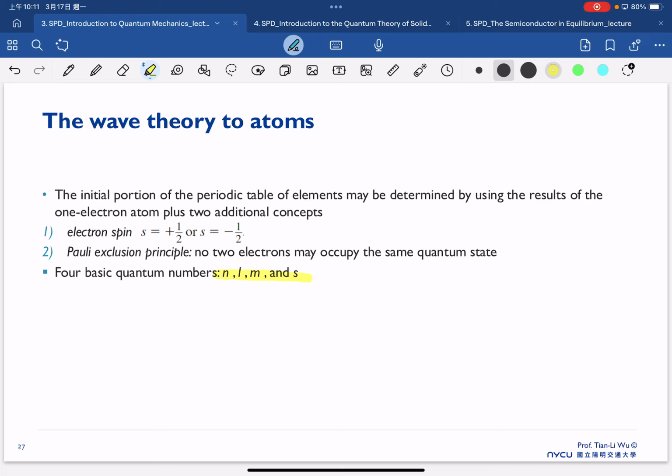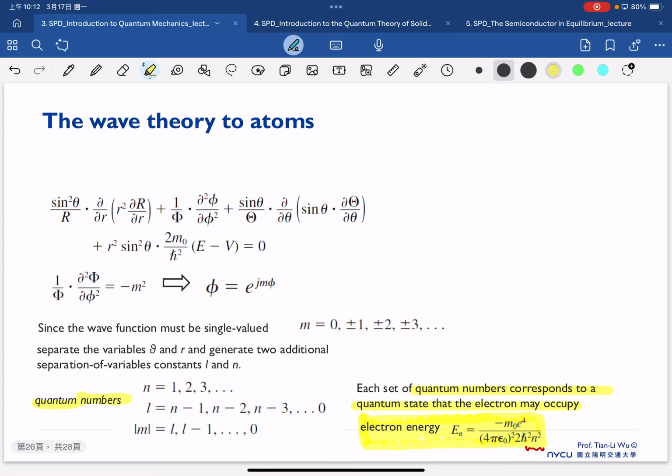But I think the main point is not to fully understand the equation derived from the typical case to the spherical case, and then in the end get the equation expressed as shown here. That is not the main purpose.